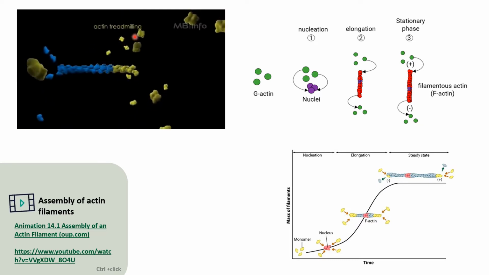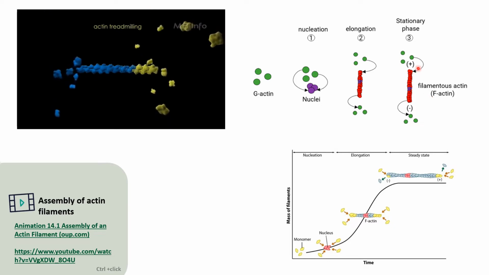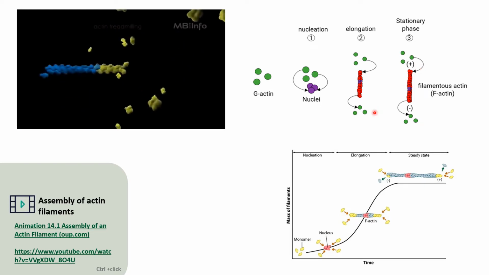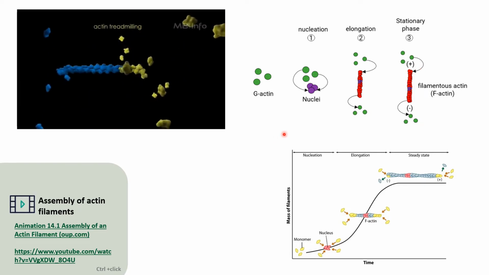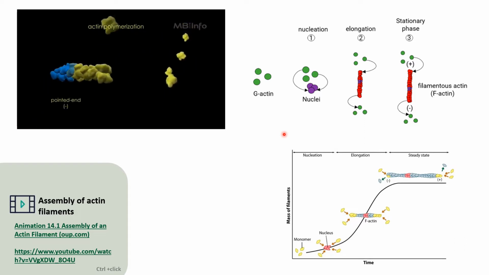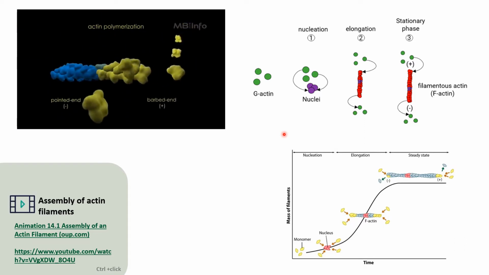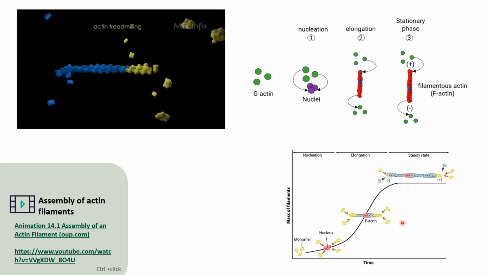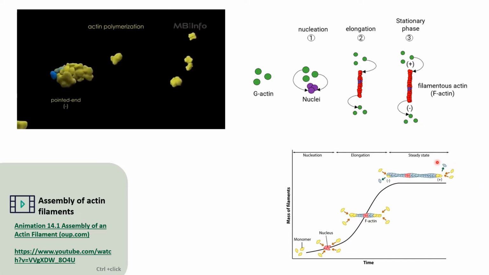At the barbed end, the positive plus end, it grows 5 to 10 times faster than the pointed end, which is the minus end. And you can see here that it needs ATP.